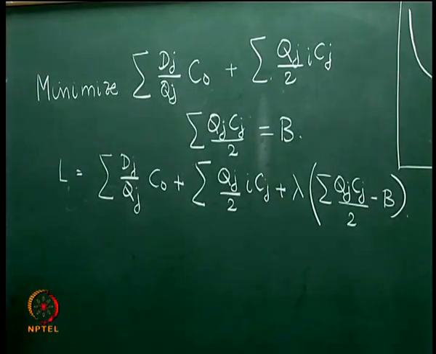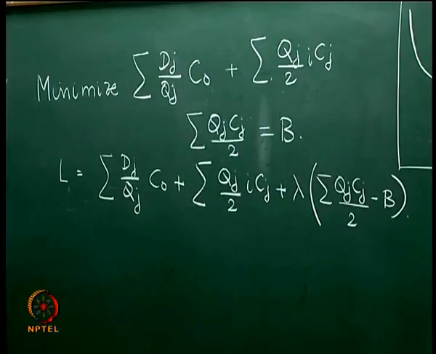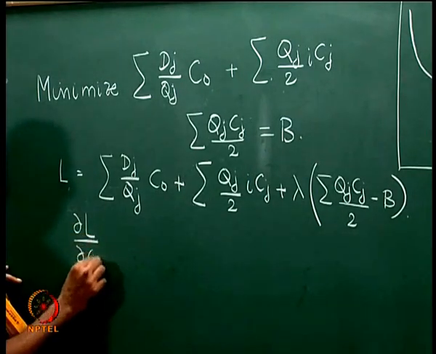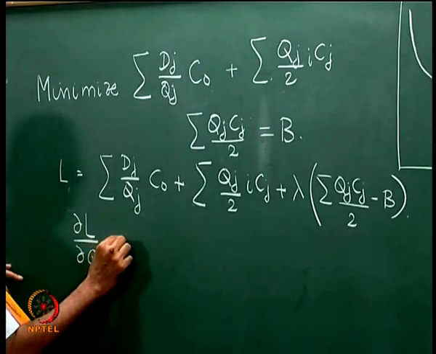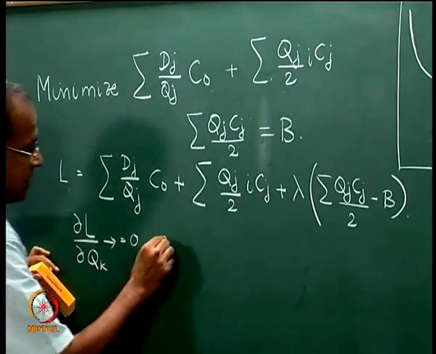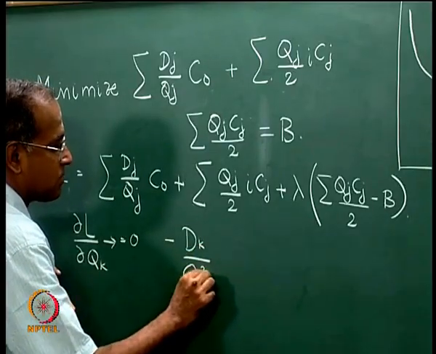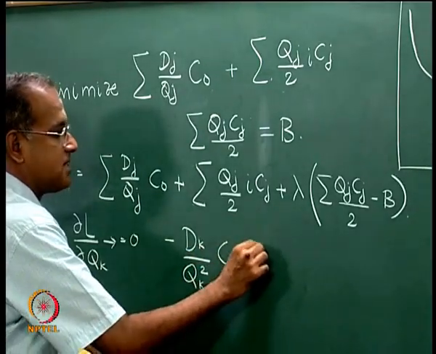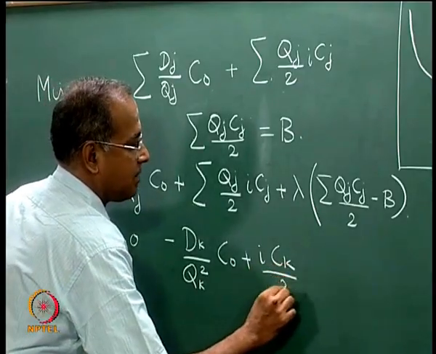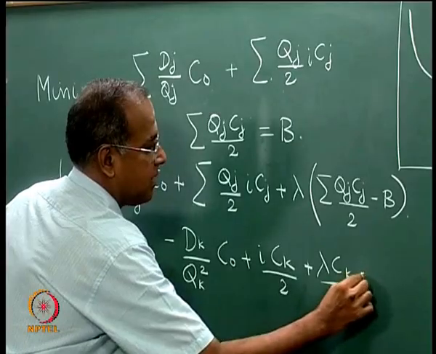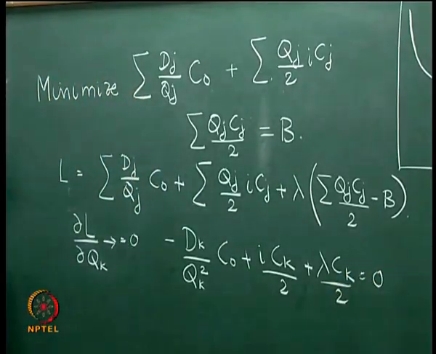Now, we can partially differentiate the Lagrangian function with respect to q and with respect to lambda to get the solution. Partially differentiating with respect to qk and setting it equal to 0 would give us minus dk by qk square c naught plus I ck by 2 plus lambda ck by 2 equal to 0.